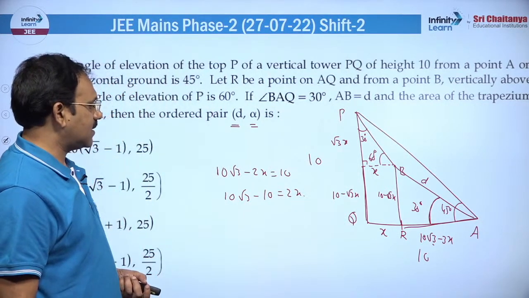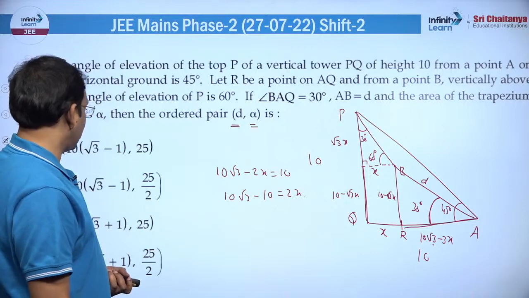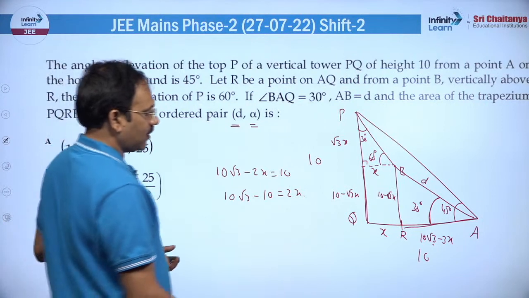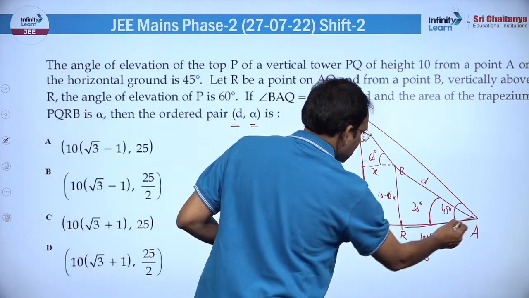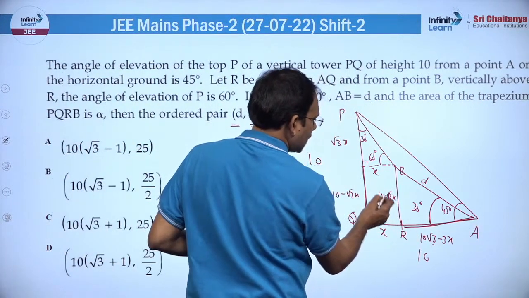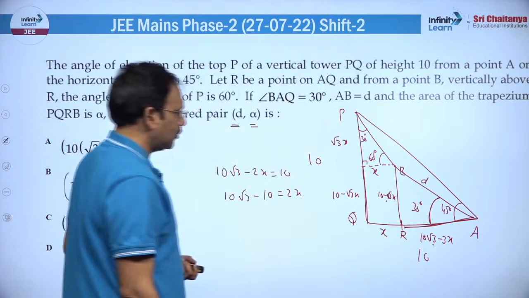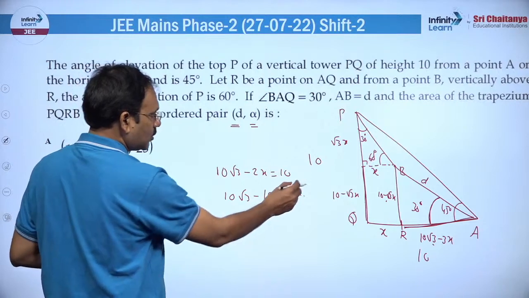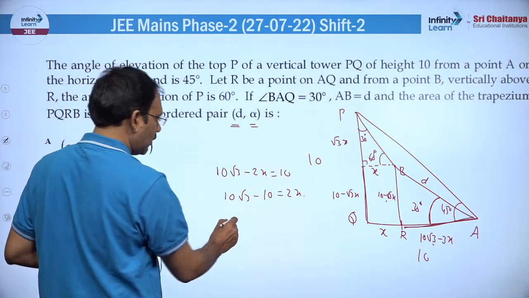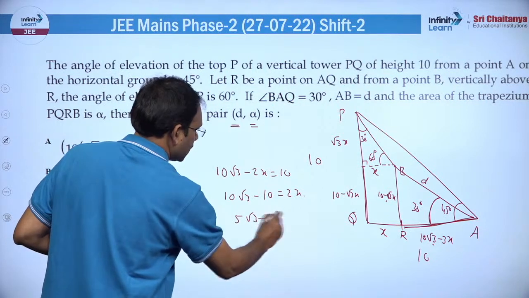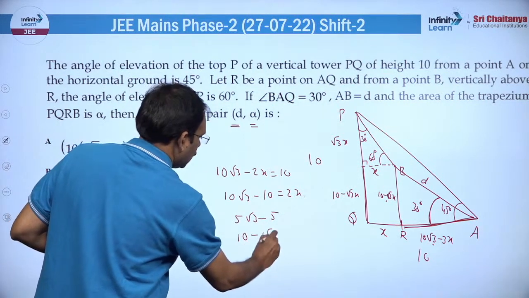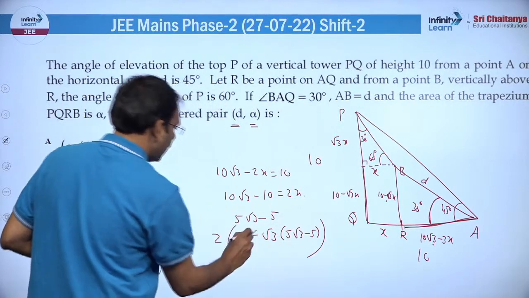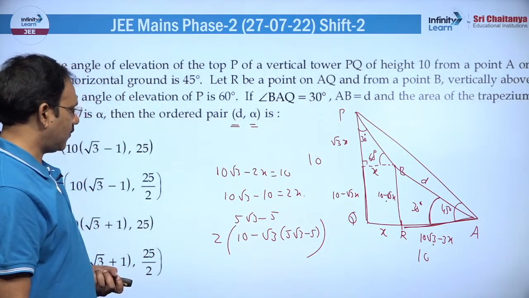Yeah, this plus x is going to be 10, you will get the x value. In fact, my dear friends, once you get this, this is 30 degrees, whatever opposite side is there, its double will be the hypotenuse, which is 2x, in the sense you can also find 10 minus root 3 into x, this is 5 root 3 minus 5. 10 minus root 3 into 5 root 3 minus 5, into double gives the D value, my dear friends.